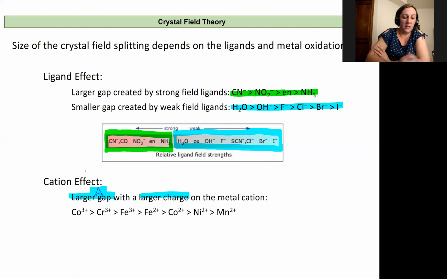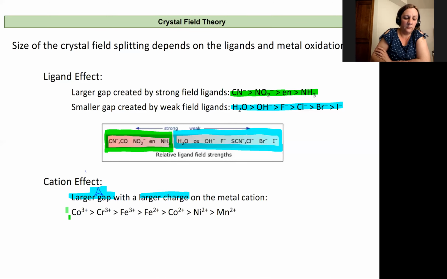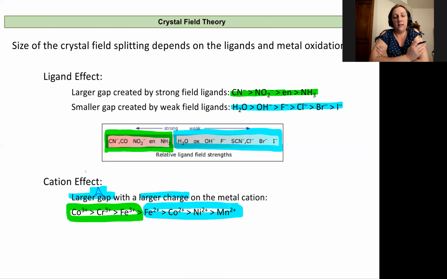So something like cobalt is going to have a much larger crystal field splitting than an ion that doesn't have a +3 charge, but is a +2 or even a +1. And again, this isn't black and white. There isn't a clear delineation between this one will always be weak versus strong. Rather, it's a consideration to take into account when evaluating these energy differences between our d orbitals.